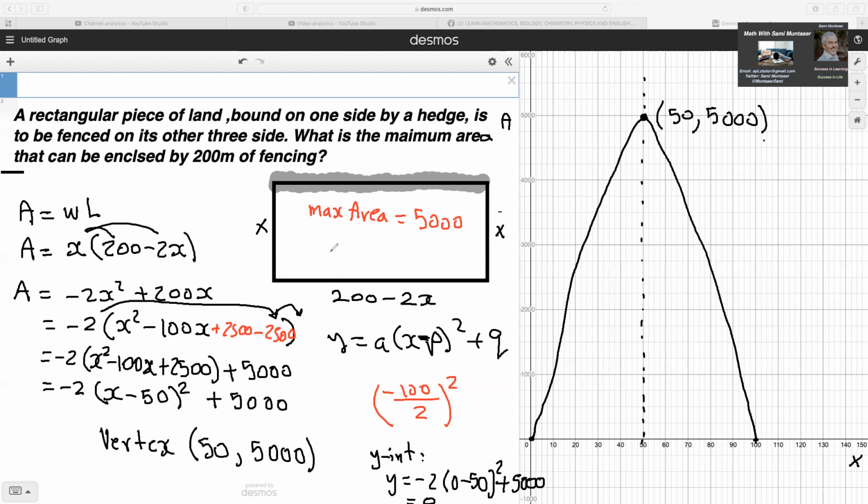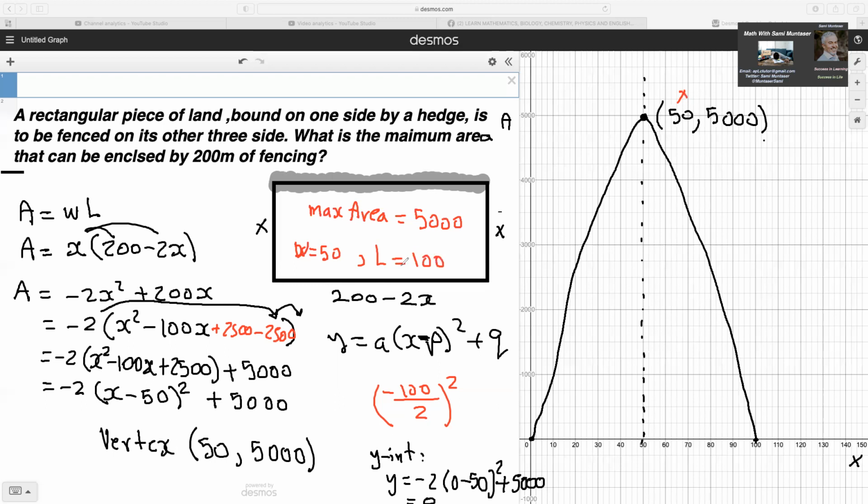If they ask you for the dimensions, then you'll know that the width has to be 50, because x represents the width. And the length, as you see, is 200 minus 2 times 50. 2 times 50 is 100, and 200 minus 100 gives you 100.